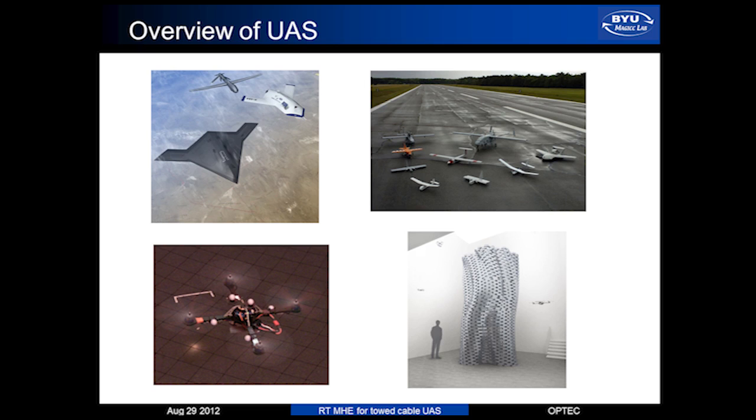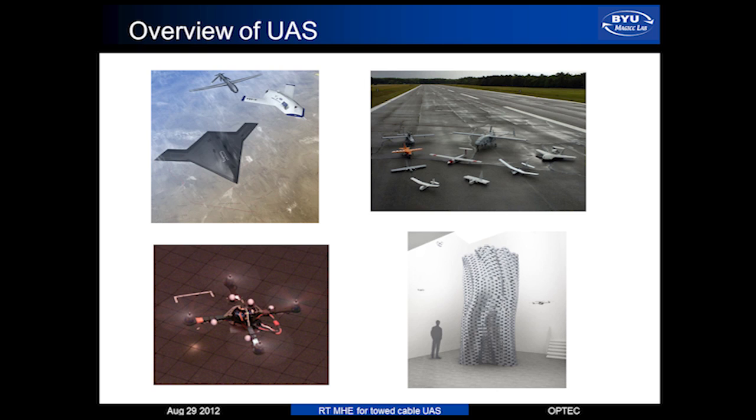Okay, some of you may not be very familiar with the UAS, the unmanned aerial system. Basically, we can classify the UAS into the fixed wing, like the upper two figures, and also the hovercraft, the lower two figures.